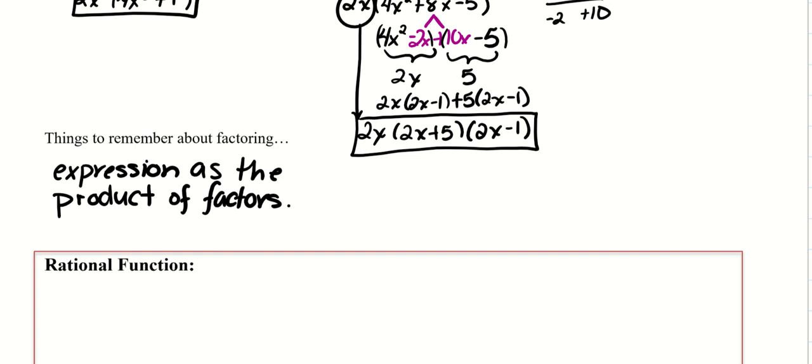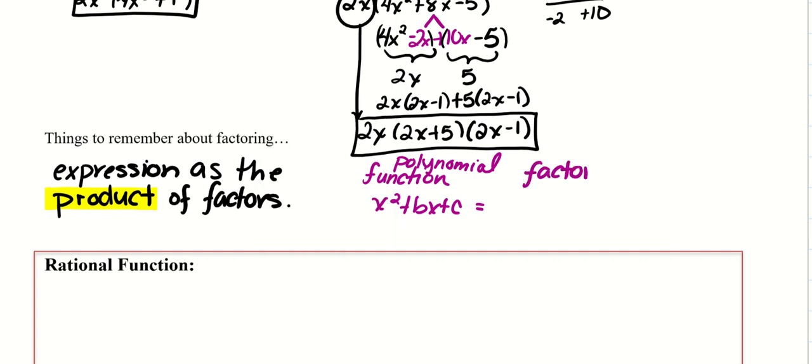So product and factors. Terminology-wise, we have function. So we have polynomial function, which is your x squared plus bx plus c. And your factors are, after you factor it out, this is the product of your factors. So this multiplication here is what's important.